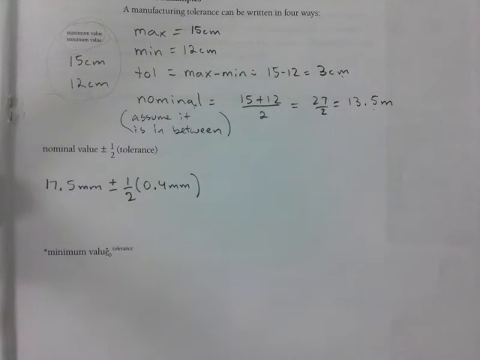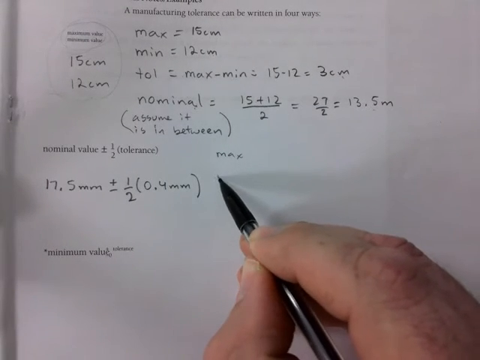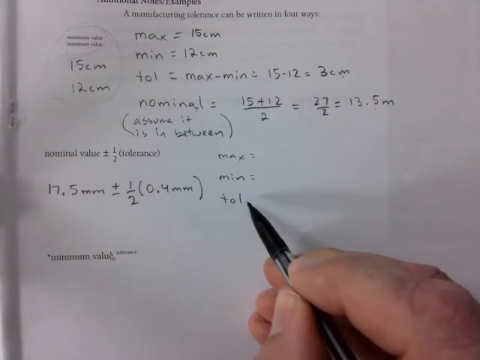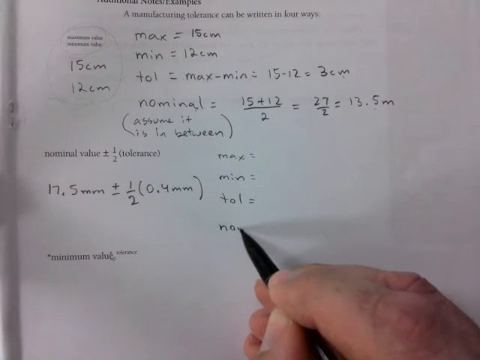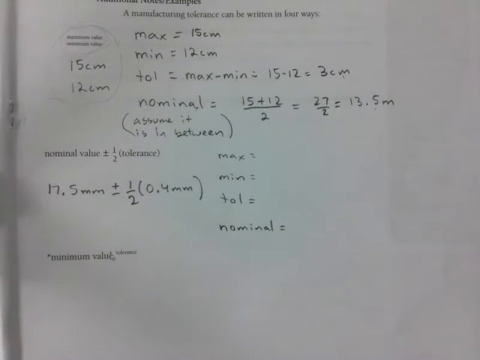I recognize this is one of the four ways to state your tolerance. Every single time you're able to get your max, your min, your tolerance, and your nominal in no particular order. I just state them like that: max, min, tolerance, nominal.